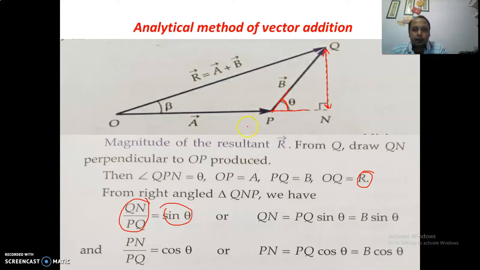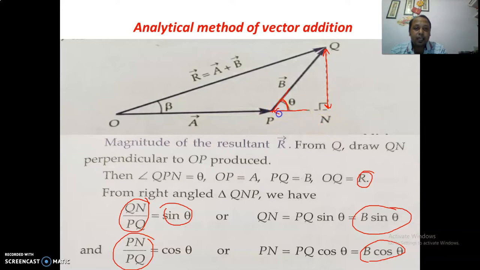Now for cos theta, it is PN by PQ. So the value of PN will be given by PQ cos theta. You can see here, we have written PN by PQ is equal to cos theta. So the value of PN will be PQ cos theta, and PQ is B, so it is B cos theta. So B cos theta and B sine theta represent PN and QN respectively.